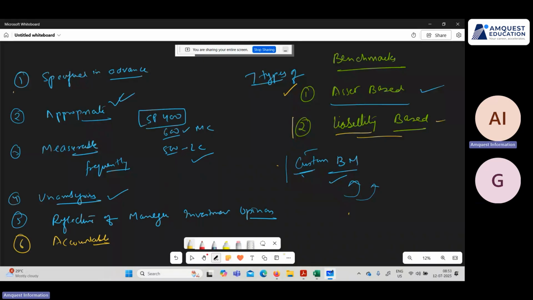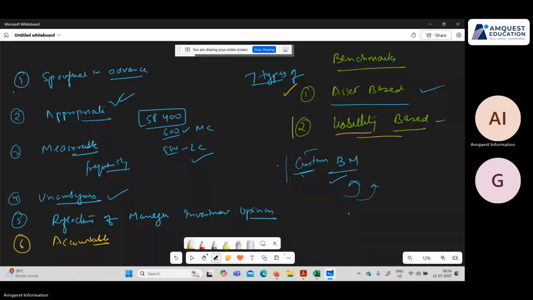So the manager should be held accountable that if my active return is negative, then he should believe that whatever negative return he got is only because of his own decisions and not because of anything else. He should be held accountable for whatever he is doing with respect to the benchmark, and then he should accept those changes, as in the positive or the negative return that you get from the portfolio.